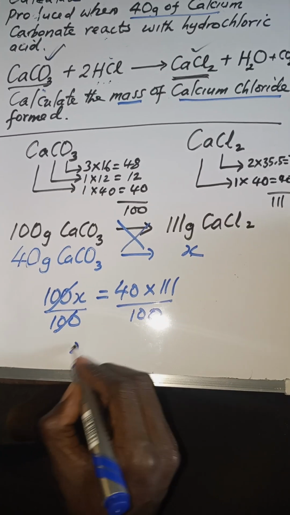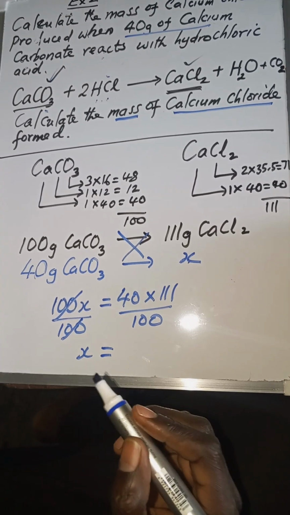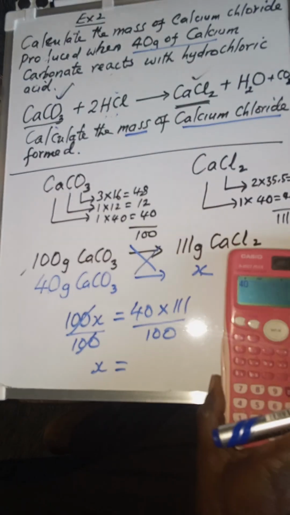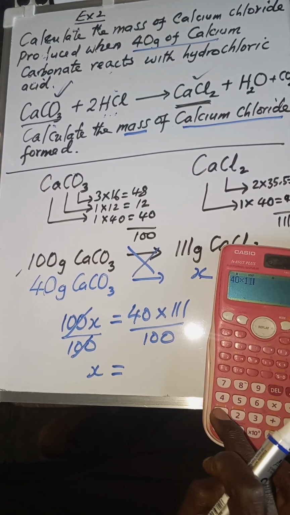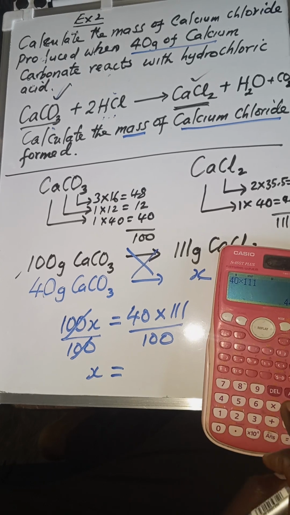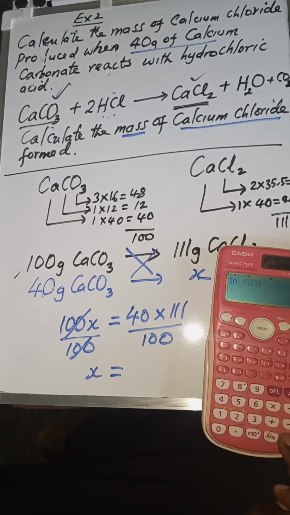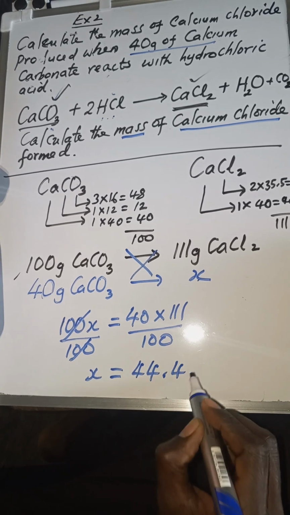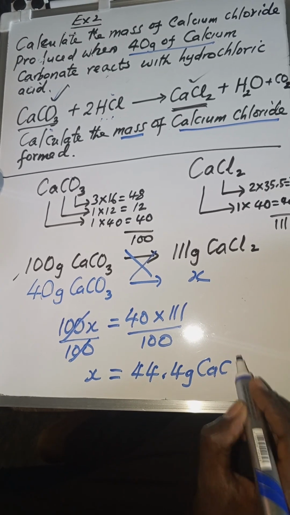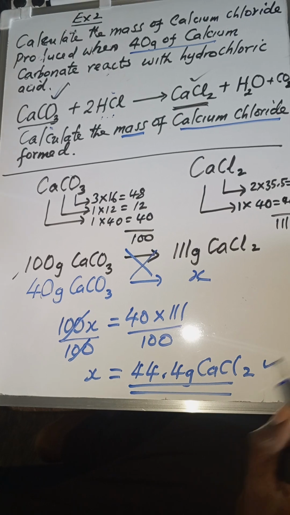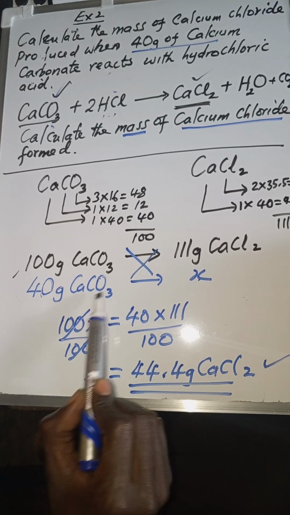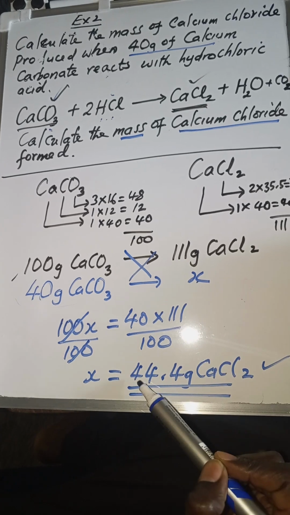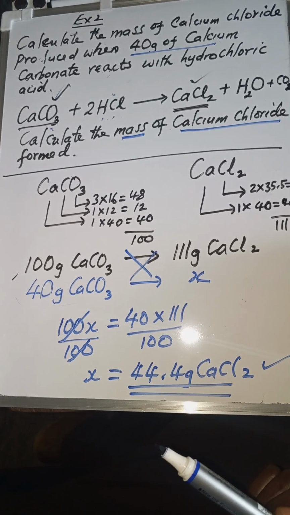So this will cancel. x will be equal to, if you use your calculator, 40 multiplied by 111, divided by 100, which is going to give me 44.4 grams of calcium chloride. So this is the final answer. So meaning, when you use 40 grams of calcium carbonate, you get 44.4 grams of calcium chloride.